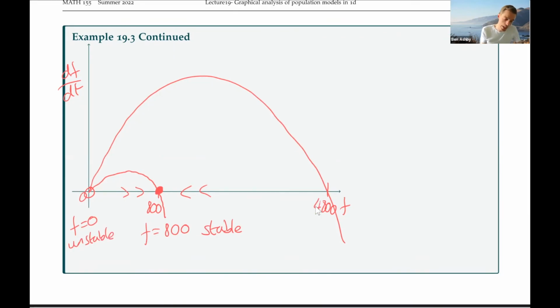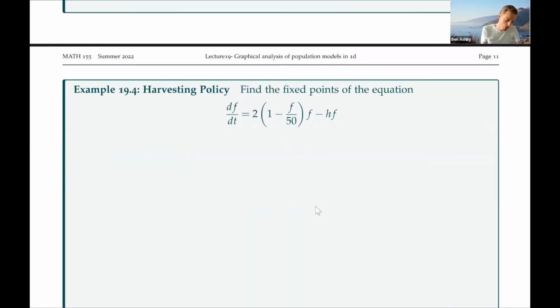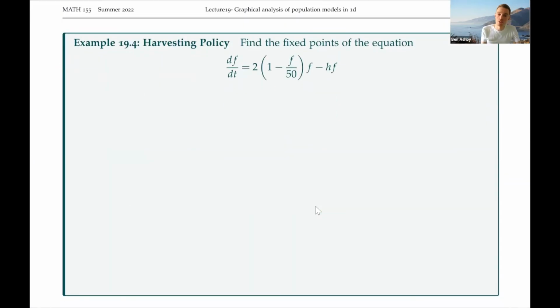So this fixed point here, when f is equal to 800, clearly depends on the rate at which we harvest the population. So when h was 0, we were over here. And this point here moves towards the left as we increase h. So we might want to ask for what values of h is the population sustainable.